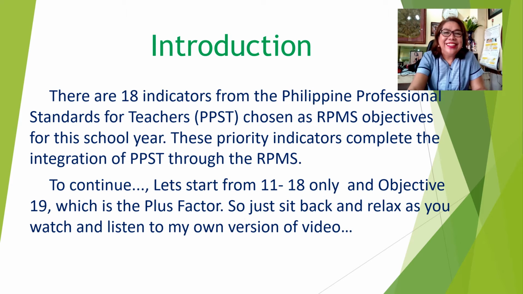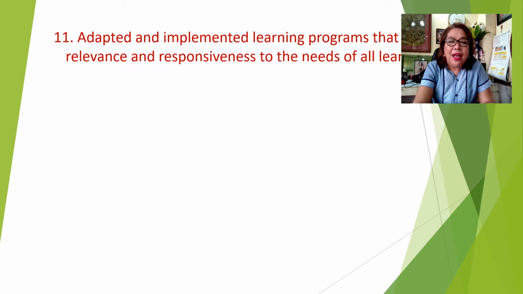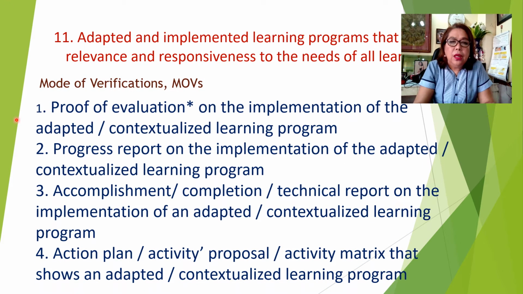Okay? So let's start from 11. Objective 11, which is adapted and implemented learning programs that ensure relevance and responsiveness to the needs of all learners. So the MOVs are: 1. Proof of evaluation on the implementation of the adapted conceptualized learning program.